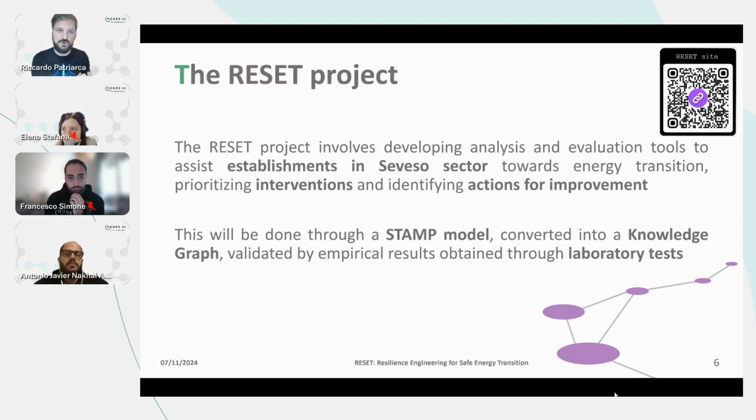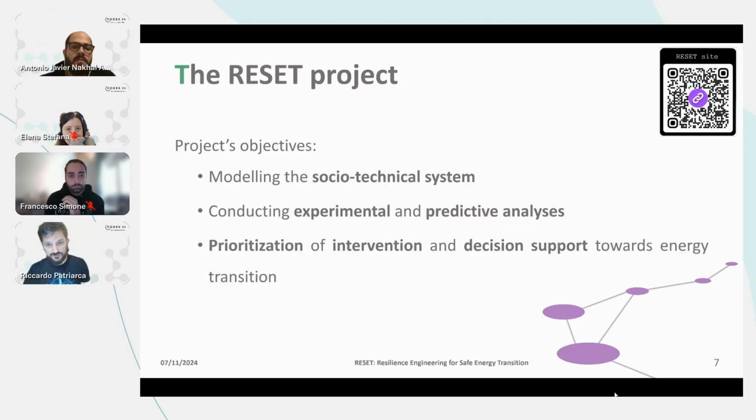We're going to use a model typical of system engineering that is called STAMP. My colleagues will describe that later, but we're going to pair it with a knowledge graph and with a testing laboratory. So we have an experimental facility in our partner testing, as we speak, different types of substances and mixtures.